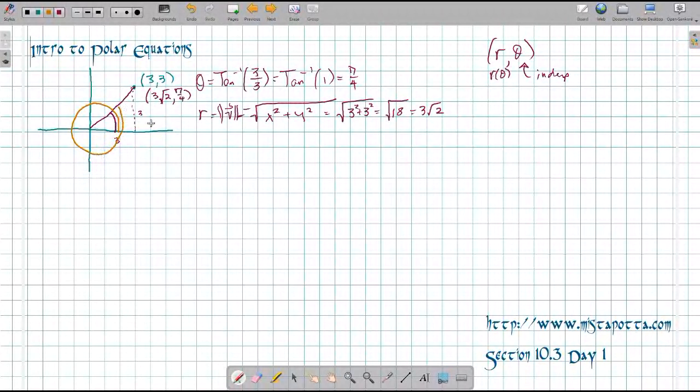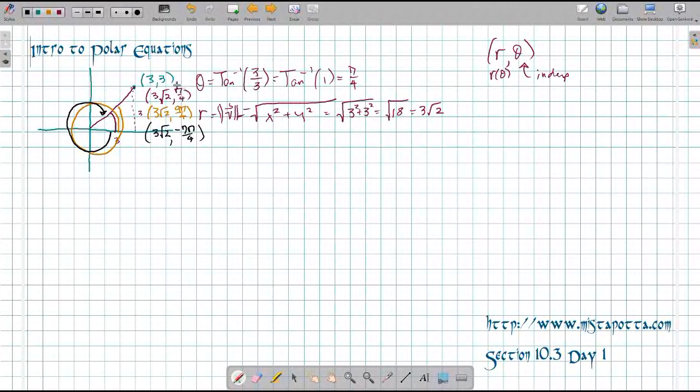So I could call this point (3 radical 2, 9 pi over 4). I could also go counterclockwise from the positive x-axis to here, and end up with the point (3 radical 2, negative 7 pi over 4).